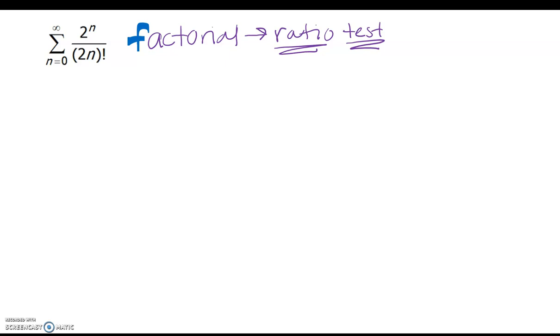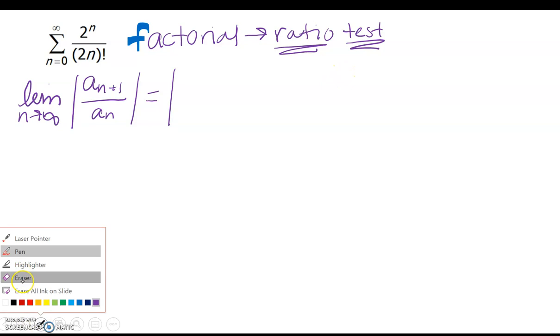So the first thing, always have to show the setup. And so the setup for this is the absolute value of a sub n plus 1 over a sub n is equal to, and now I'm going to go ahead and do a few steps in my head.